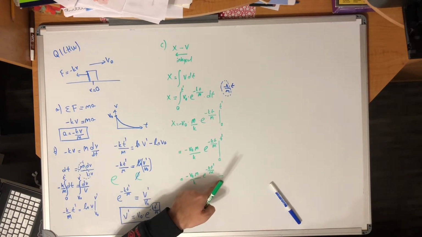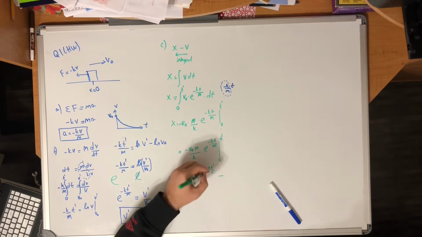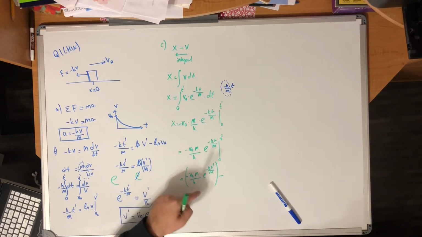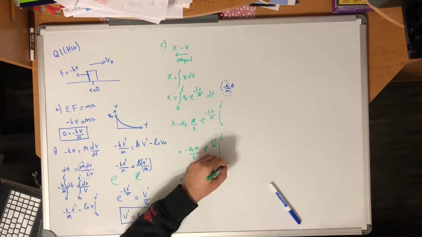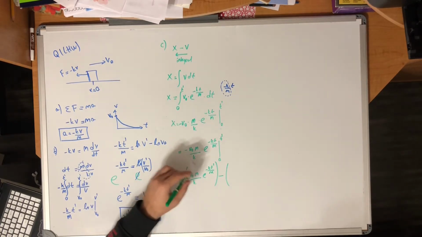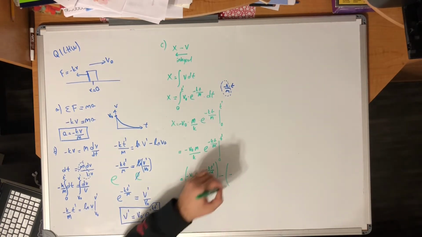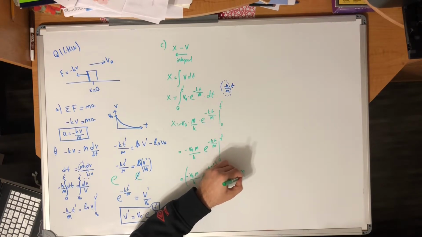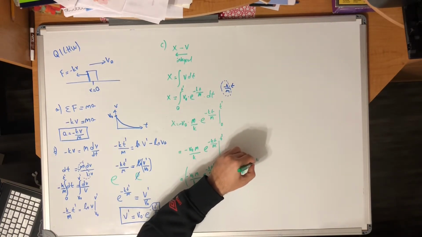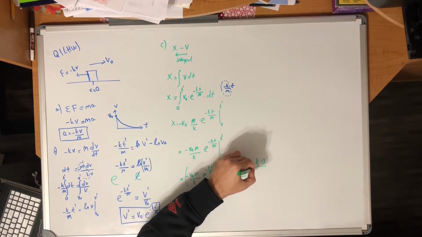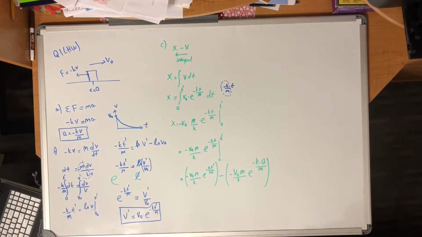So negative is from the equation. Remember, upper boundary minus lower boundary. Then I have this extra negative from the equation itself, v0 m over k, e to the power negative k times 0 divided by m. So what am I going to get from here?